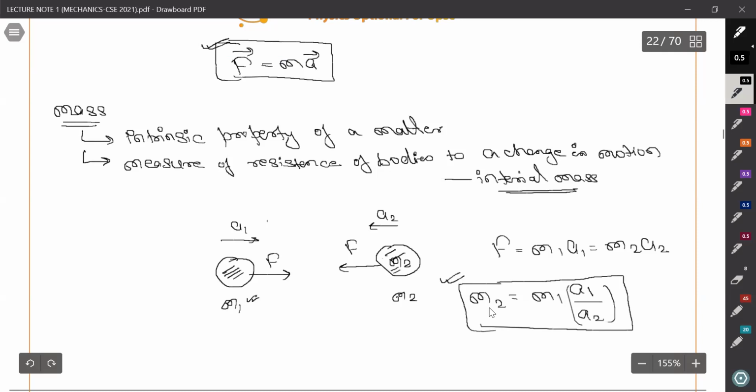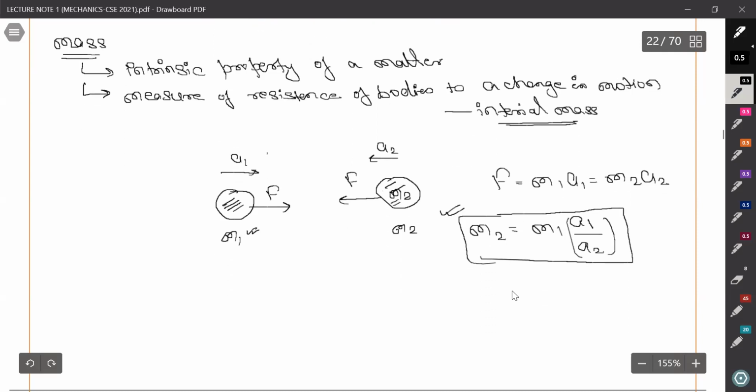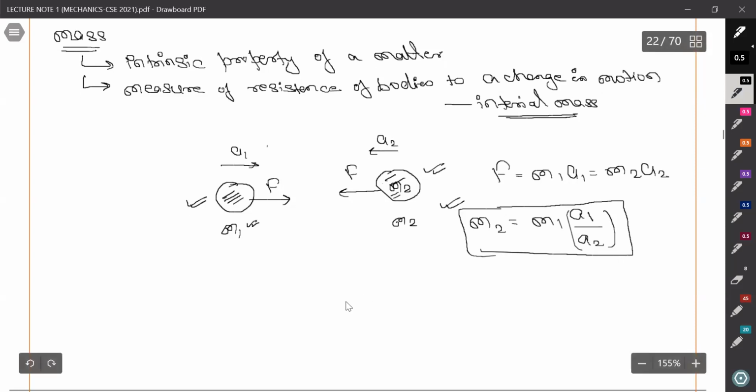Also we can define the second mass with respect to the first mass. So this is what we understand by the inertial mass. So if we know the resistance property of this object, we can find out the resistance property of the other object. For gravitational mass, gravitational force will be there, and we will study about it later.